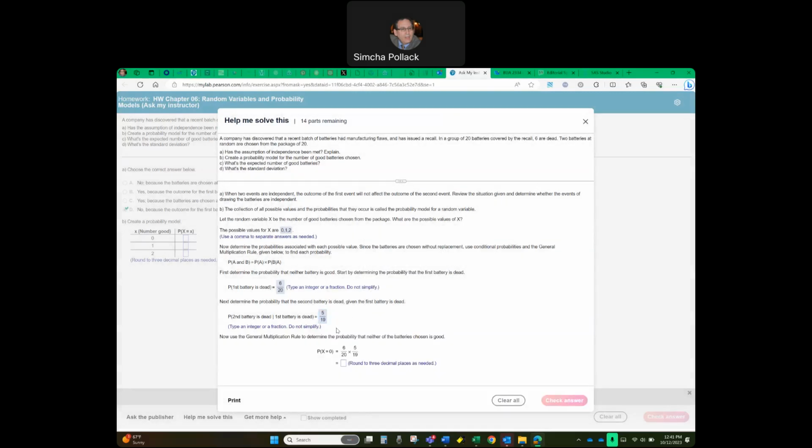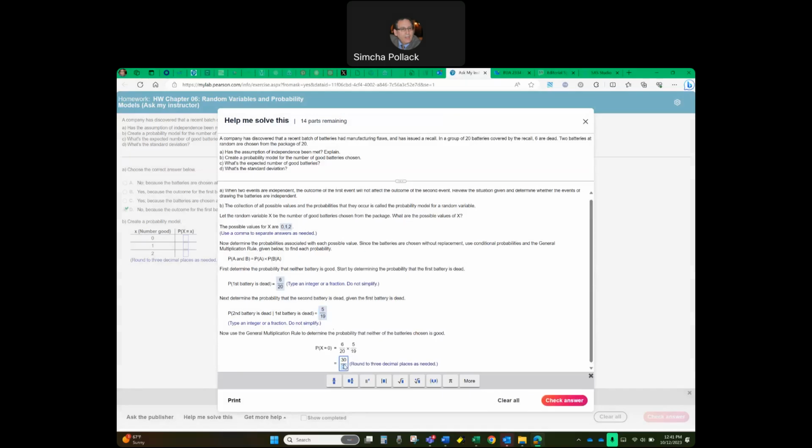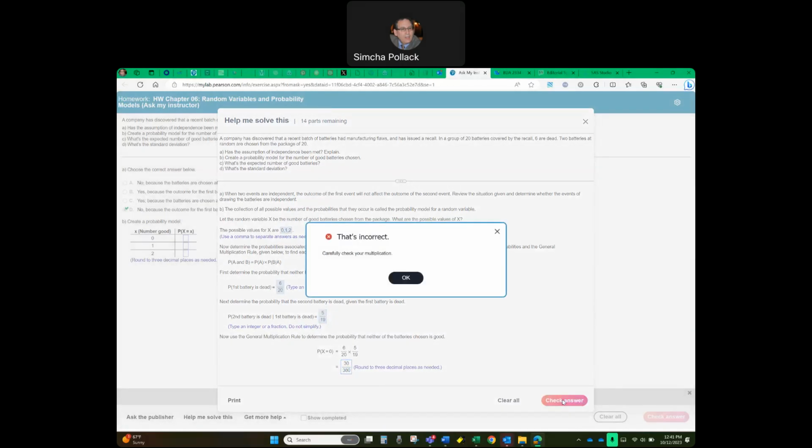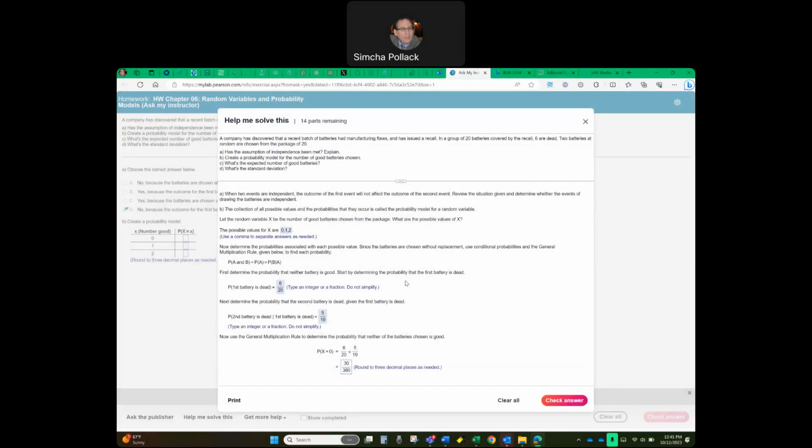And the chance that they're both dead is going to be 6 times 5 divided by 20 times 19, which is 30 out of 380. So it's 30 divided by 380. I don't need the calculator yet for this. 6 times 5 is 30. 20 times 19 is 380.